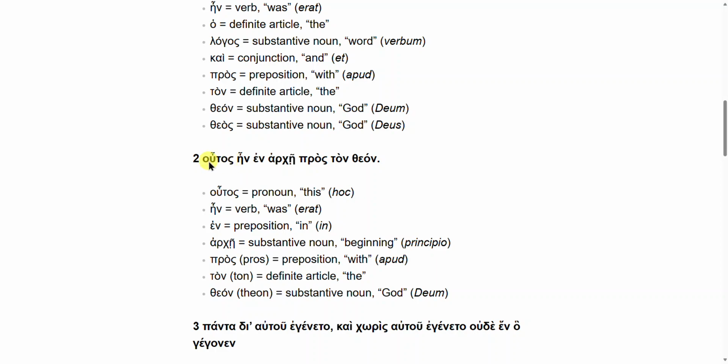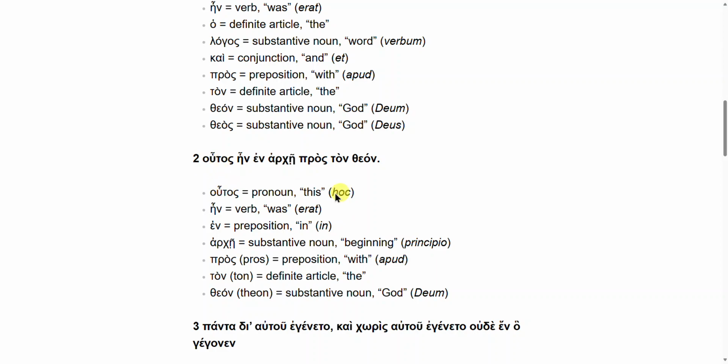So we're going to read this as hutos. We then have the verb ein again, which we saw several times in verse 1, means was. Hutos, sorry, I didn't give the meaning.